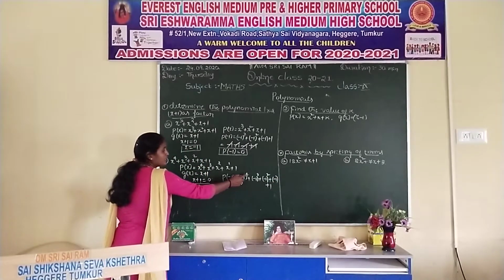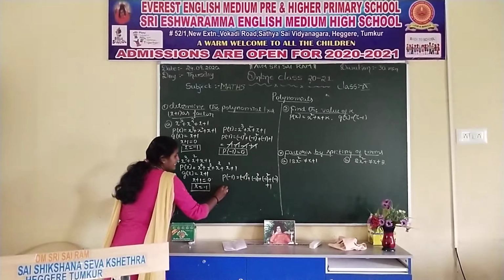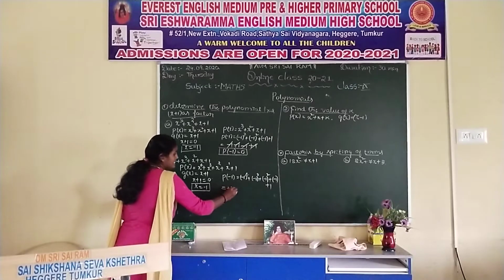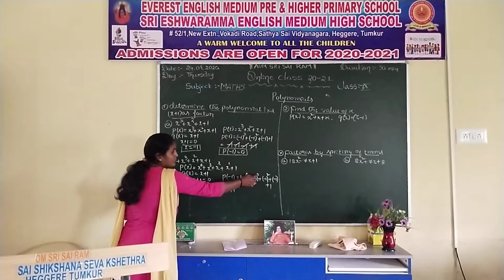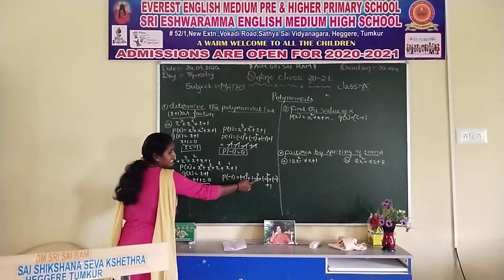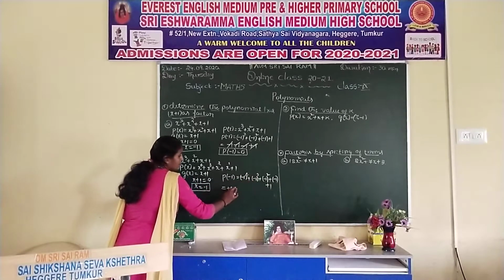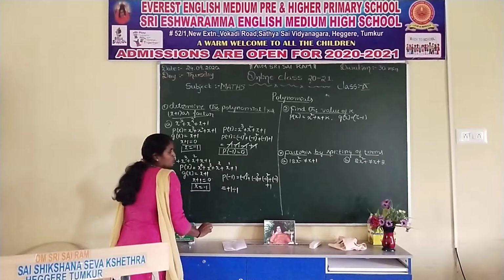See here, minus 1 multiplied an even number of times gives a positive number. Plus minus 1 whole to the power of 3: here the negative number is multiplied 3 times, 3 is an odd number, so we get minus 1.